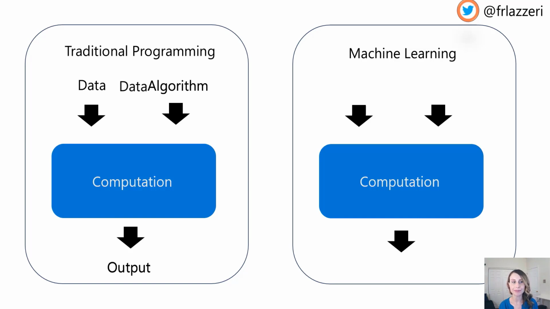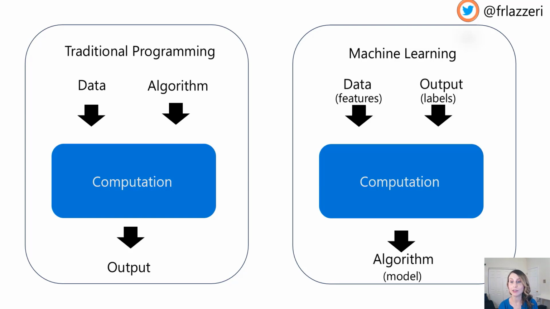In machine learning, on the other side, you have data, and this data is called features or variables. And then you also have an output, which are your labels. That goes through the algorithm computation, and then a model is created, which at a basic level is just a mathematical function that is created with your data. And this is called training your model.